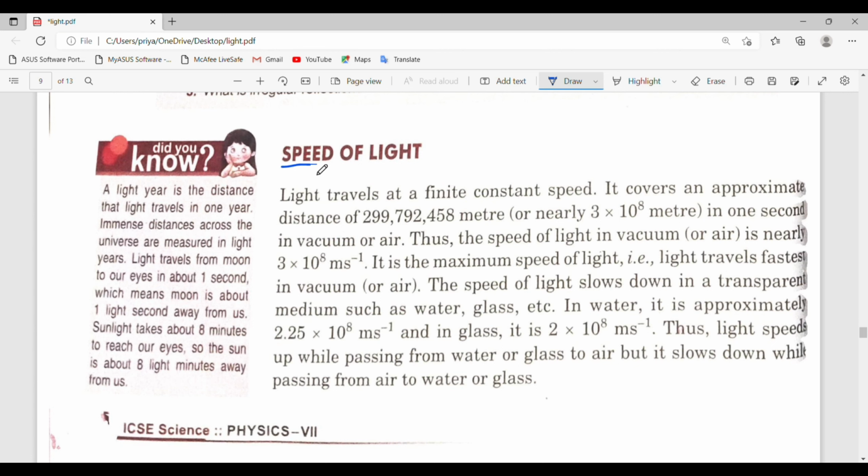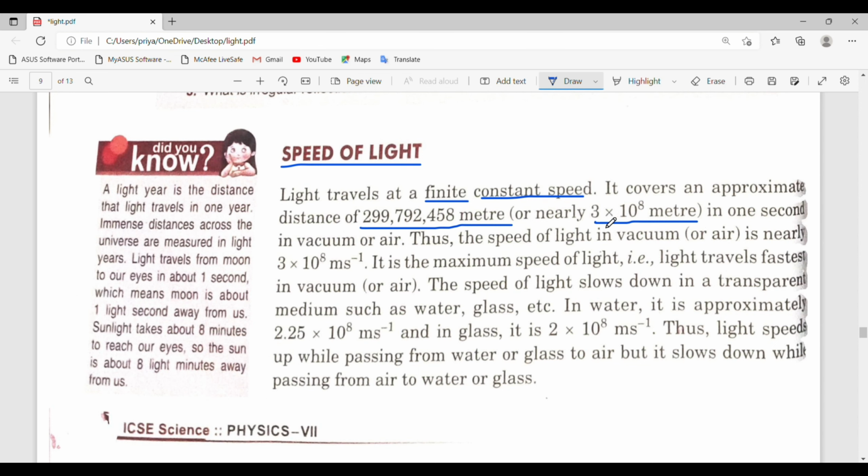बच्चे, speed of light is a very important topic, है ना. Light travels at a constant speed. ठीक है, एक constant speed में ही light travel करती है और approximate distance बताया गया है light का कितना है, 299,792,458 meters, nearly about 3 into 10 to the power 8 meters. Please remember this, है ना.